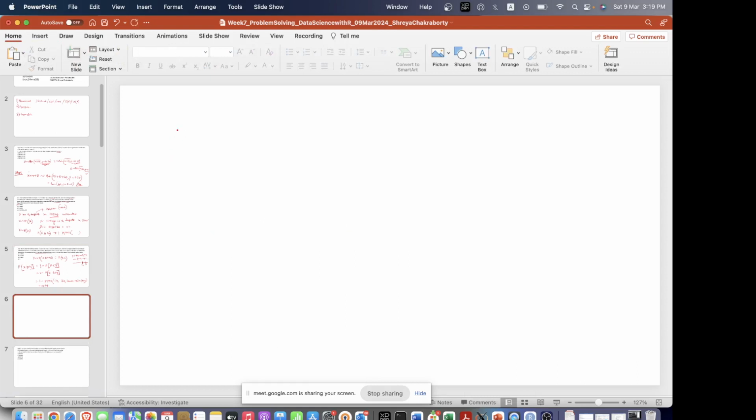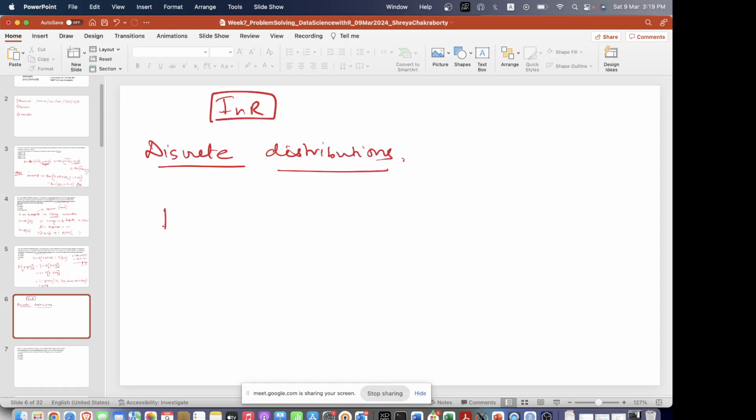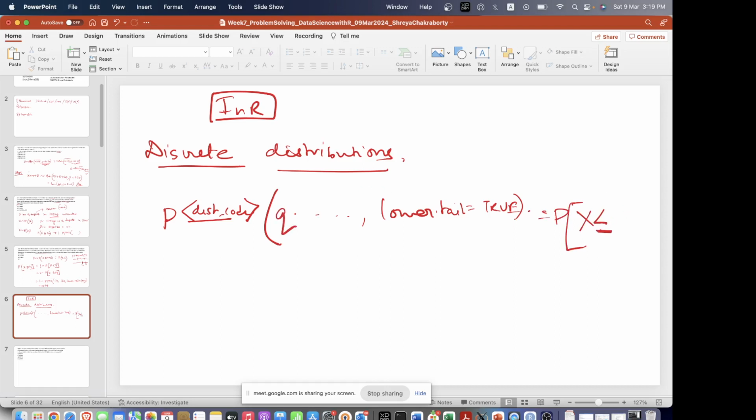Alright, so the main point that I want to repeatedly tell you is that whenever you use R, we have to be very careful when we are considering discrete distributions. If we give p, the distribution code, and then the parameters, and if we give lower tail equal to true, then what we get is P(X less than or equal to q), whatever q we mention over here.